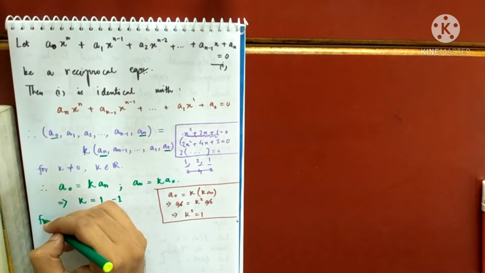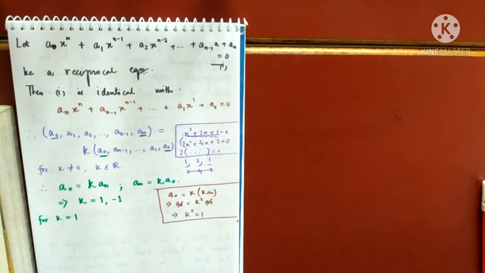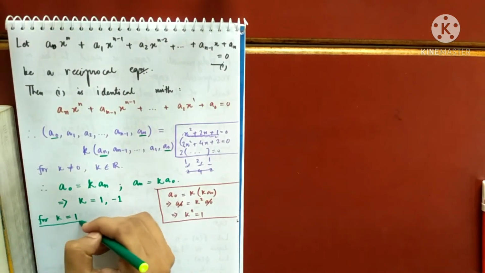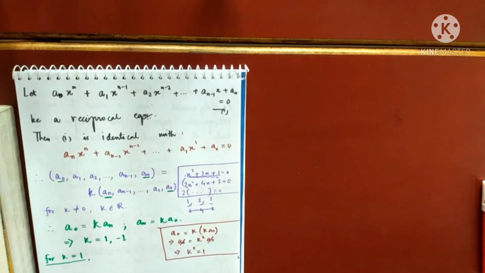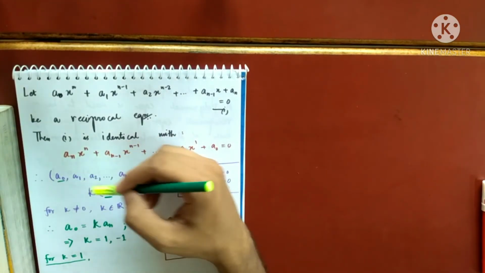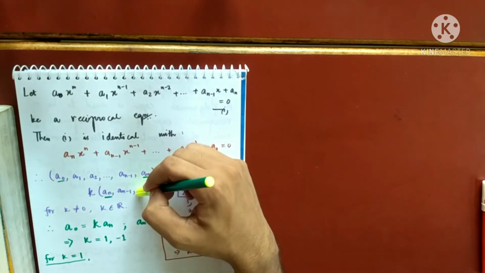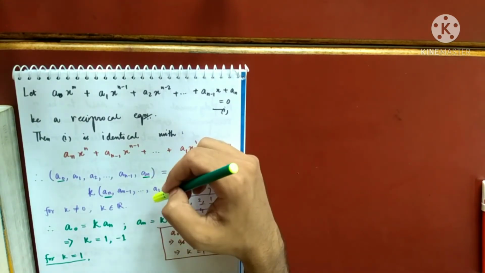So for k equals 1, what are we getting? The coefficients must be the same. Which coefficients? a0 will be the same as an, a1 must be the same as an minus 1, a2 must be the same as an minus 2, dot dot dot, an minus 1 should be the same as a1, and so on.